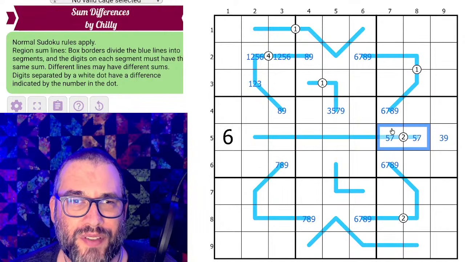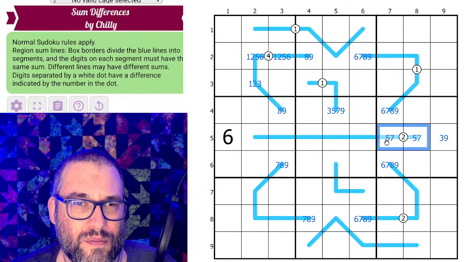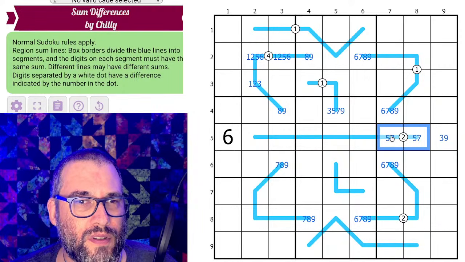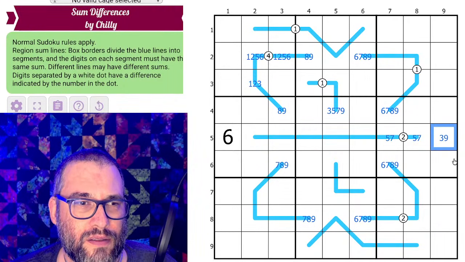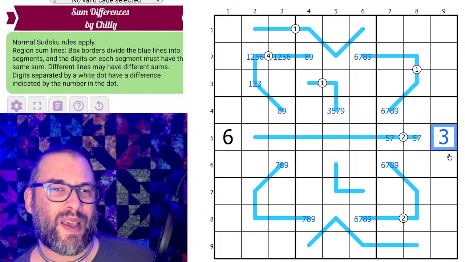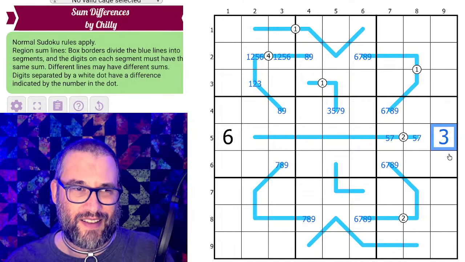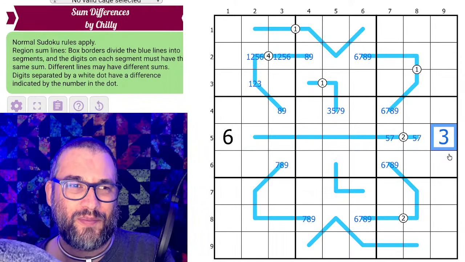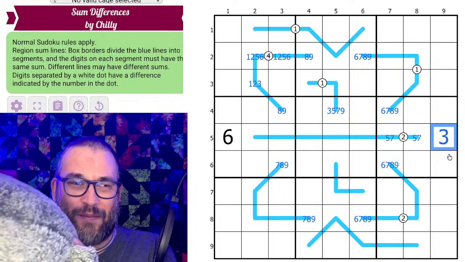So it is 5, 7. Which makes this a 3 by math. All right, time for a 3 dance.